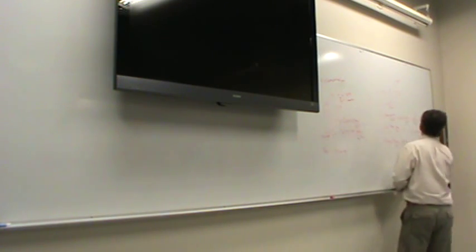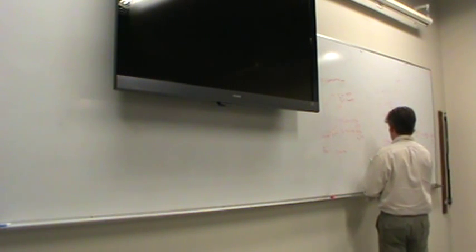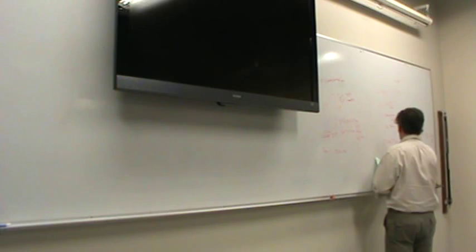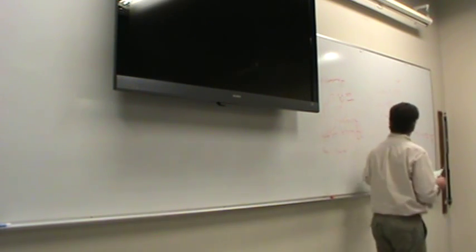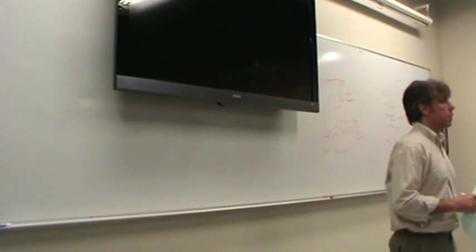So BTUs per hour go away. And we find that we need a heat flow rate, Q dot, of 94,568 kilowatts. We need 95 megawatts approximately to get this thing to go.